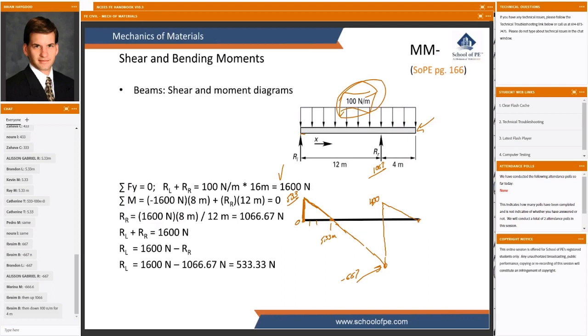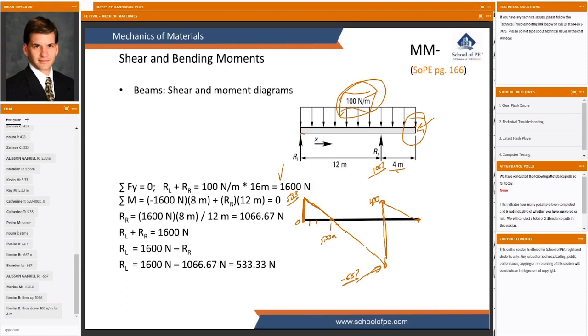In fact, if we'd noticed that we should end up at 0 over here, then maybe what we could have done is said, if we're going to reach 0 after traveling for 4 meters at a slope of 100 newtons per meter, then we could work from the right-hand side back to this 400 point. And then we could drop down 1,067 from there to our negative 667, which would probably have been an easier way to calculate that 667 value.